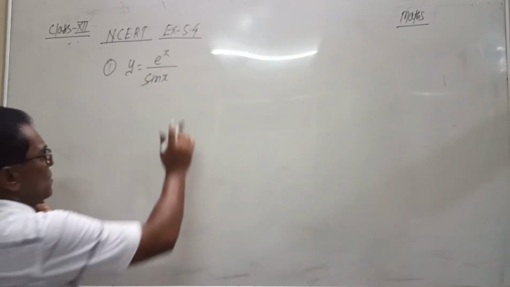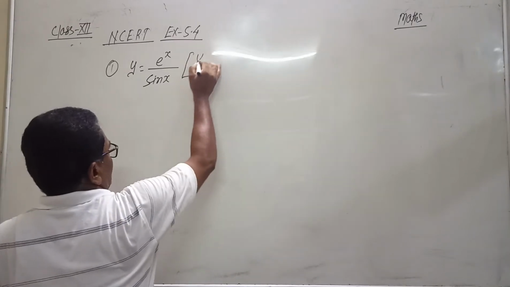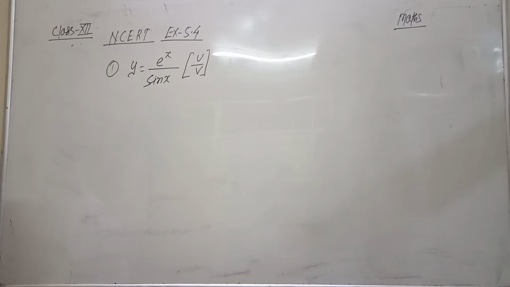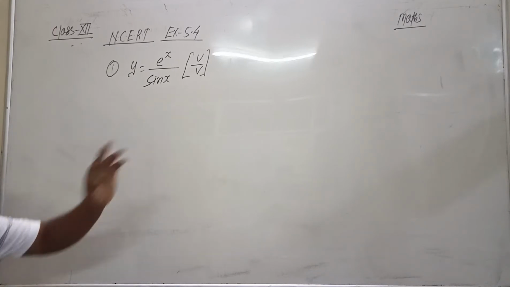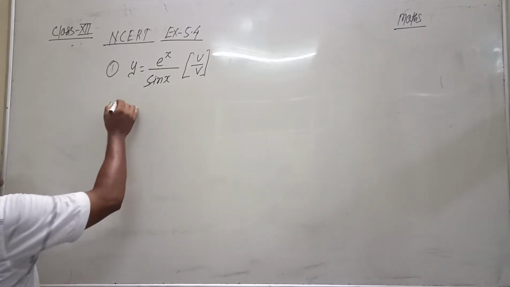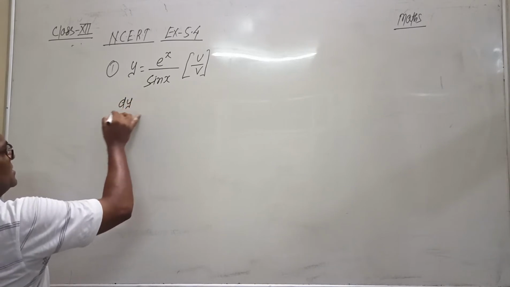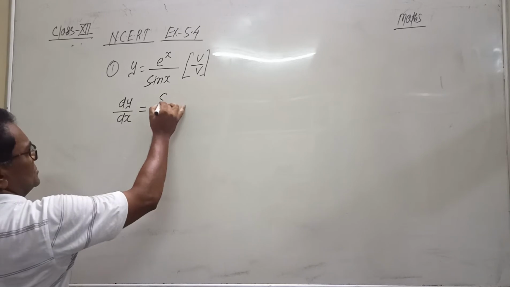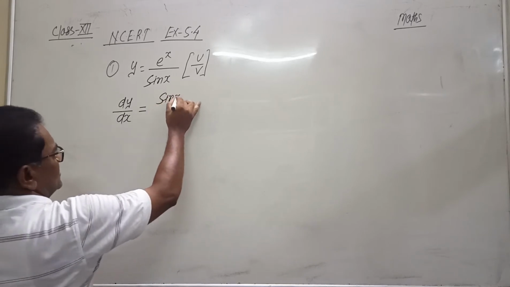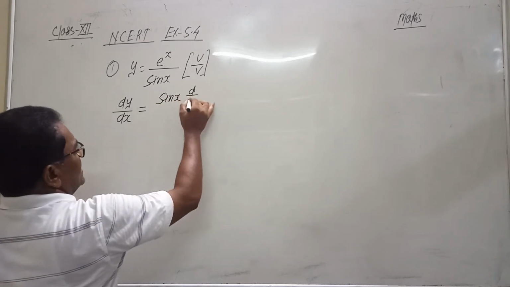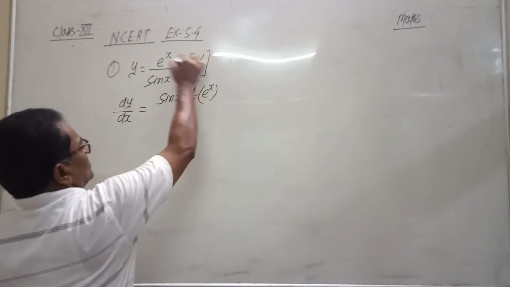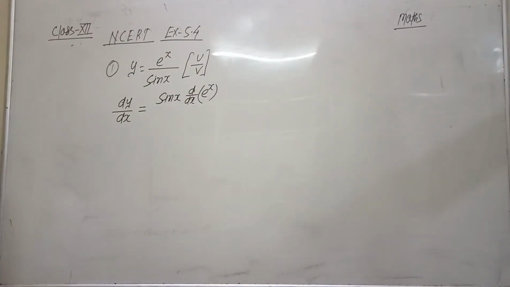This is of the form u by v, so we will expand this using the formula for u by v. Differentiation of y, dy by dx: v as it is, means sin x as it is, and d by dx of u, where u is e raised to the power x.